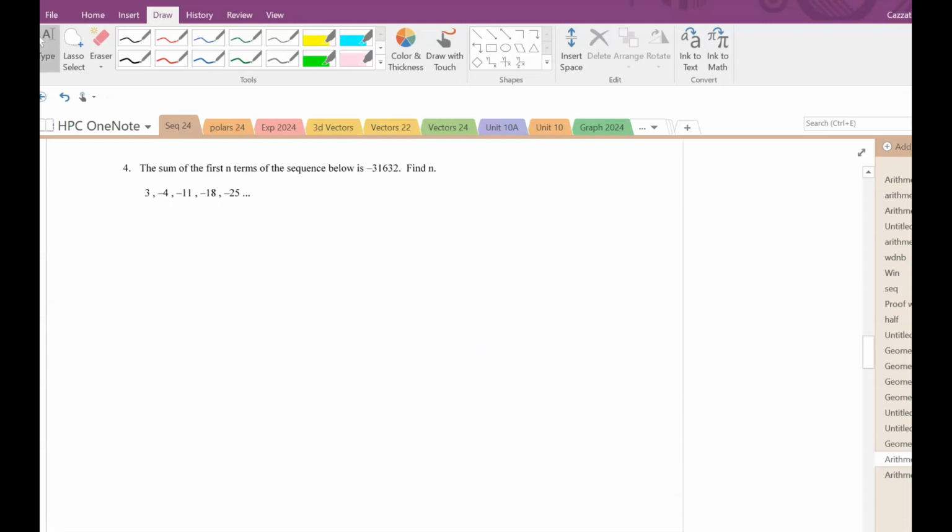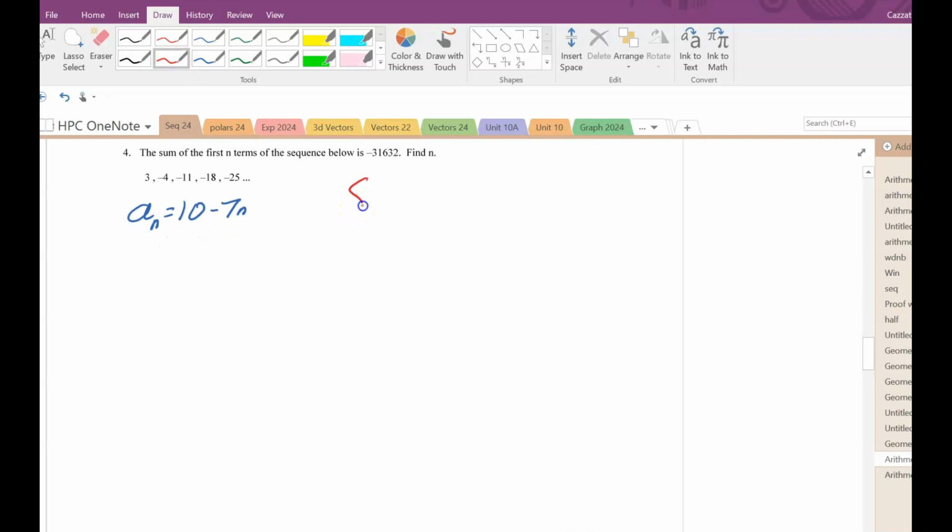In problem number 4, we're asked to find how many terms there are. So the first thing I'm going to do is find the explicit formula. The explicit formula for this particular problem is going to be equal to 10 minus 7n, since the common difference is negative 7, and the a0 term is 10. The sum of the first n numbers is (a1 plus an) times n over 2. If I were to use substitution, the first term is 3.